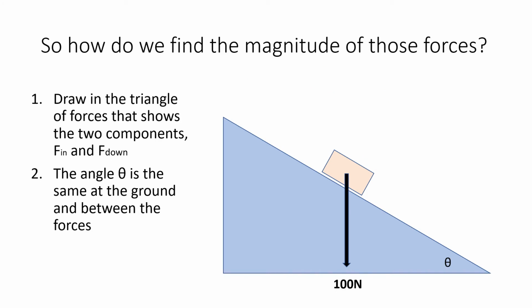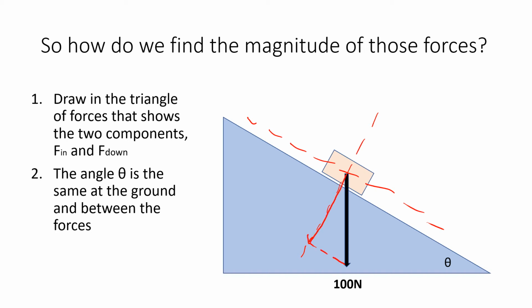So what we want to do is actually find the magnitude of these forces. First, we want to draw in the triangle that shows our two components, F in and F down. So let's go with our horizontal axis there, our perpendicular axis here. F in, of course, we're going to go over to this line.